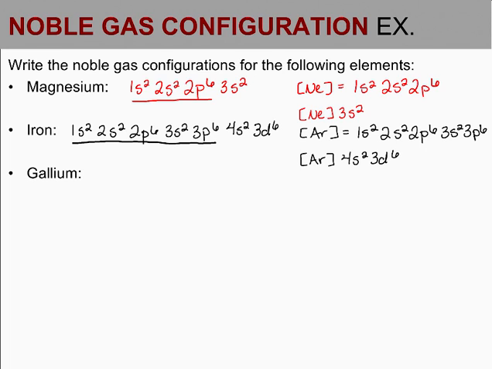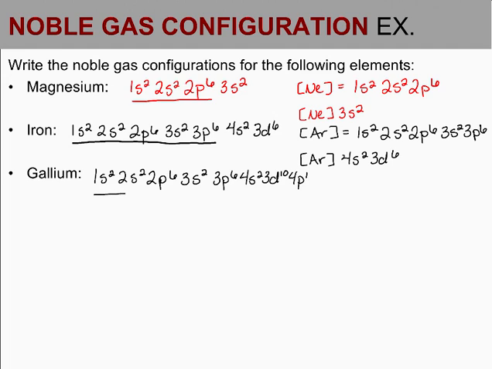And now for gallium. Gallium had an electron configuration that was pretty similar to iron's, but it has a few more electrons. So I'll just rewrite that here. Oh, that's a long one. Now, the noble gas that comes right before gallium in the row above is argon.